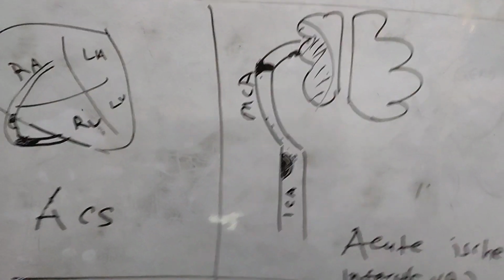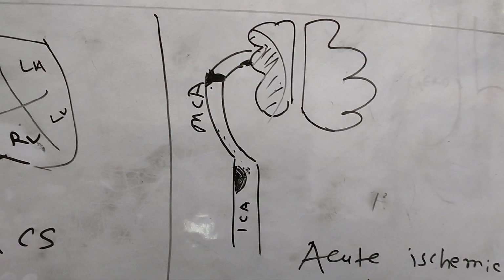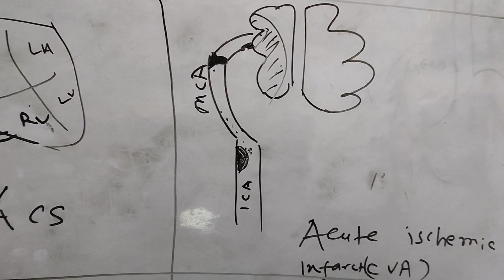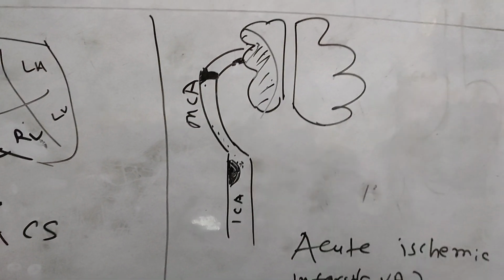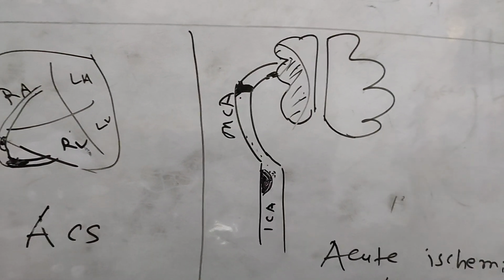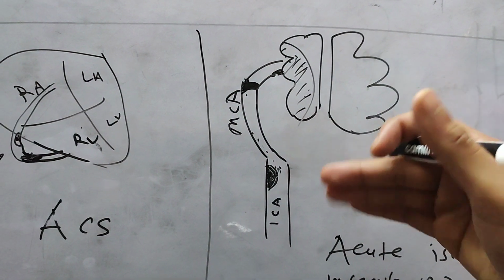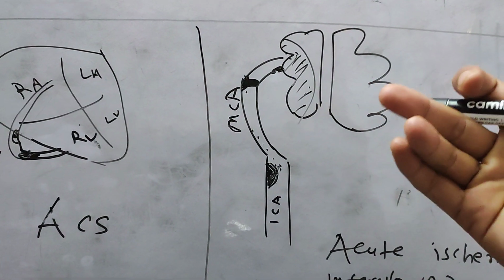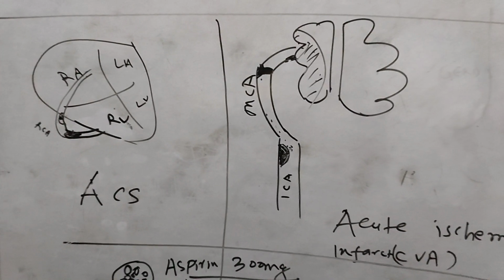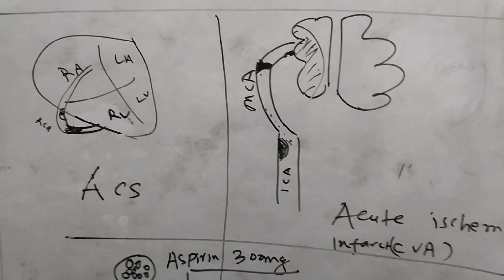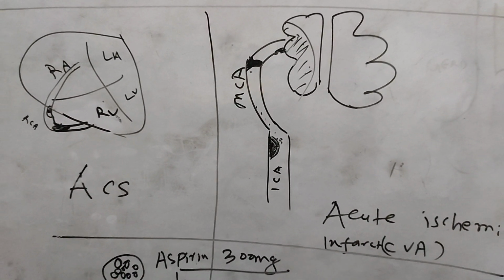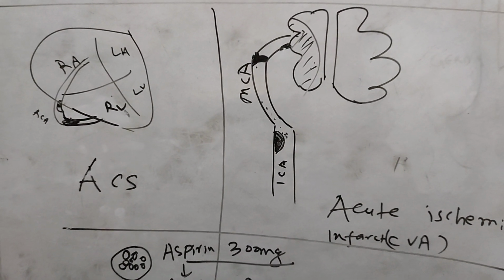But in case of cerebral infarct, we don't give anticoagulant because there is an increased chance of bleeding in this case. So we don't give anticoagulant here, and a randomized control trial has shown that there is no benefit in giving anticoagulant here unless there are some conditions like atrial fibrillation that predispose to thrombus formation.